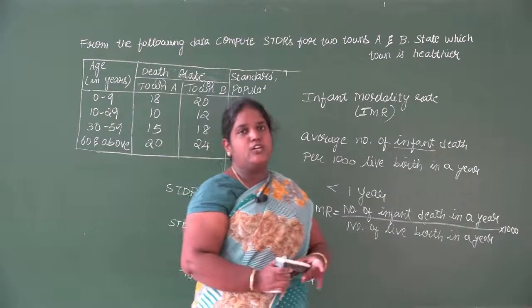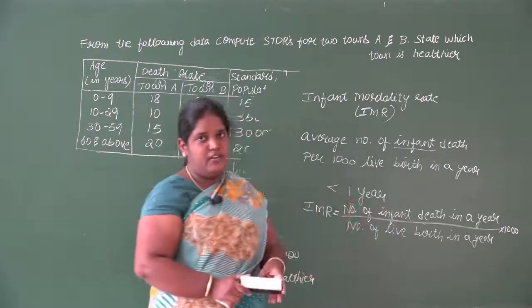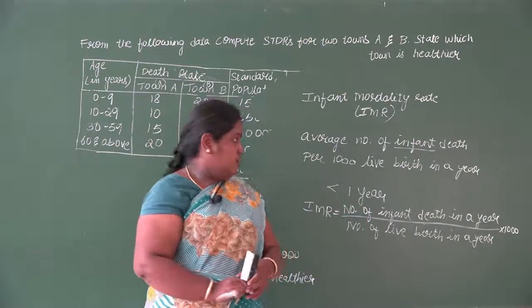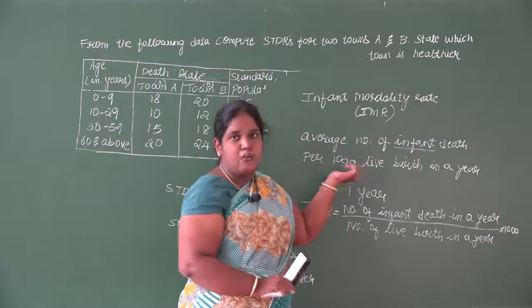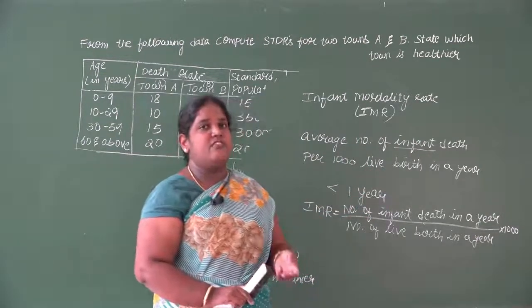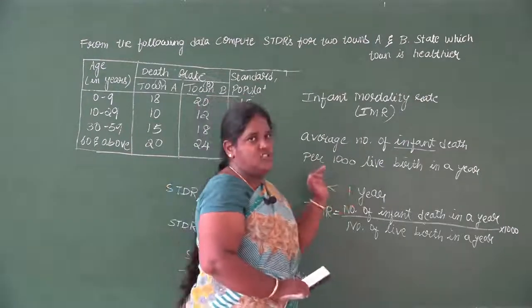You will be having a 2 marks problem based on the IMR. This method will not be asked in 5 marks, it is only for 2 marks. Sometimes they may ask about the formula or even the definition of IMR. The other definitions till now, they won't ask, but the IMR definition they can ask.